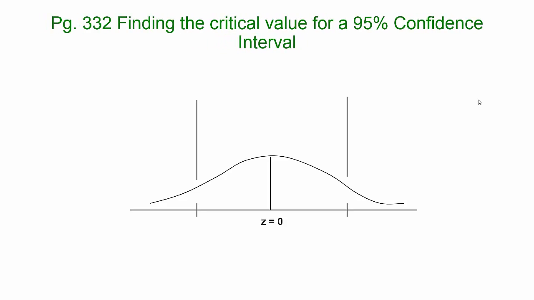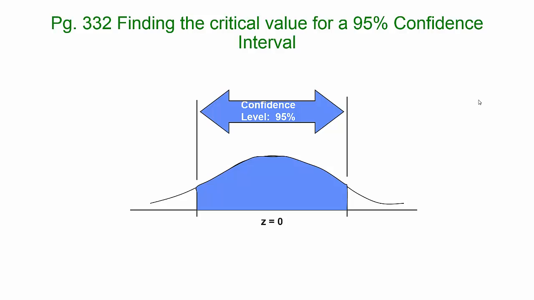So we set up the standard normal distribution bell-shaped curve, and we're going to have 2 marks on either side of the curve that are going to align with this critical value that we're searching for. Now the confidence level 95% means we have a 95% area in the middle of the curve that's bounded by those 2 marks.